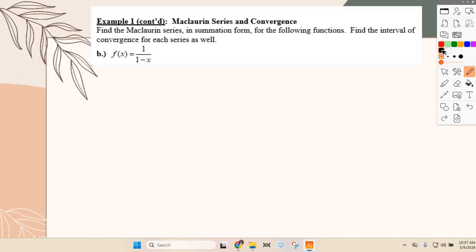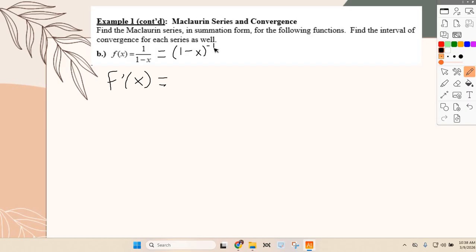Alright. What's our first derivative going to be? We can technically rewrite this as a power. Remember, we're subtracting 1, right?